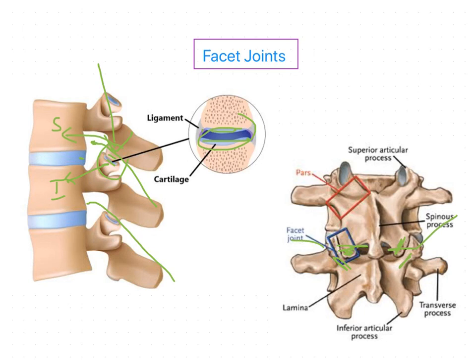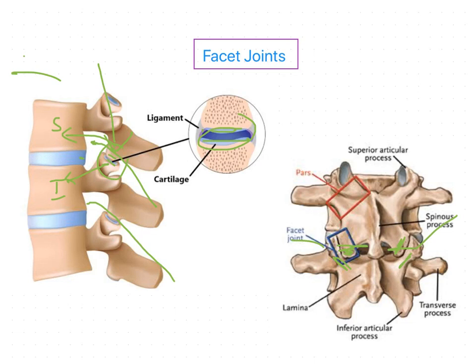If you consider all the zygapophyseal joints and the intervertebral joints of the whole vertebral column, they permit motions called flexion and extension, lateral flexion and rotation.